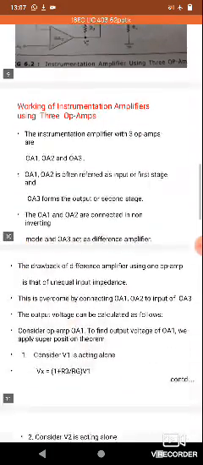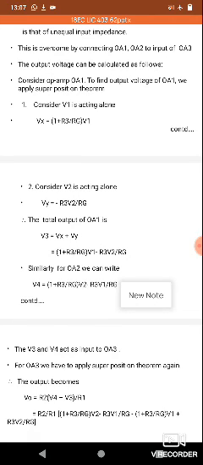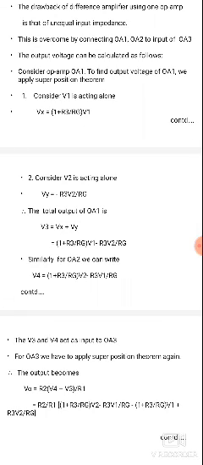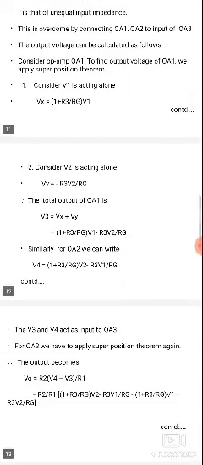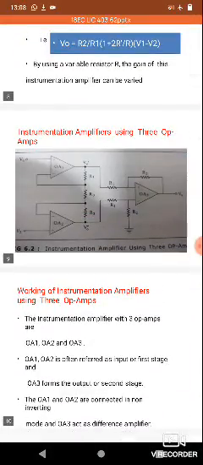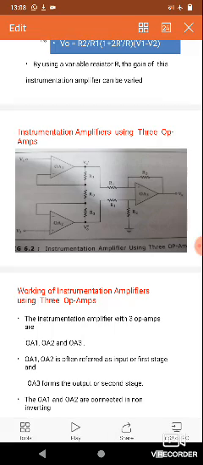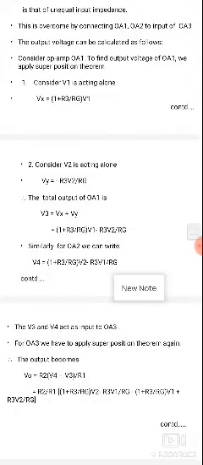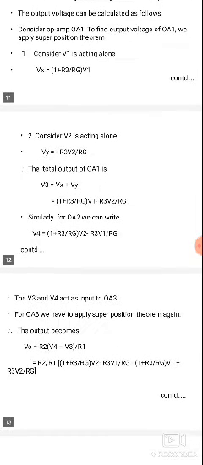So Vx, the output of the operational amplifier, is equal to 1 plus R3 by Rg into V1, where R3 is the feedback resistance and Rg is the gain resistance.